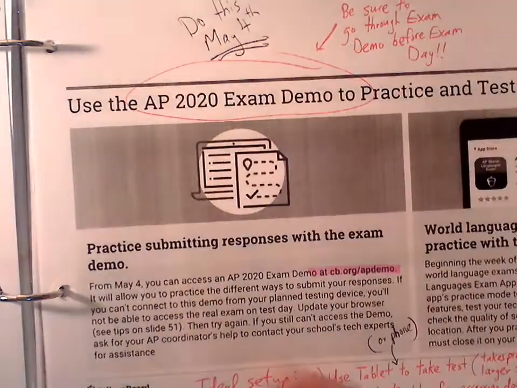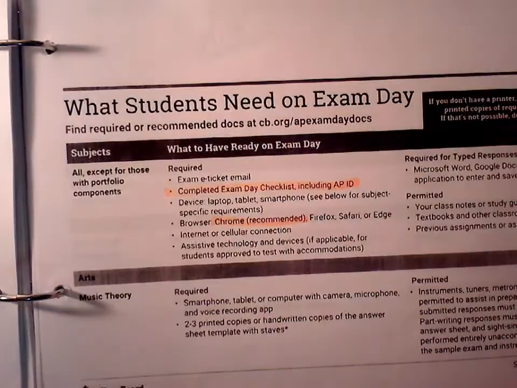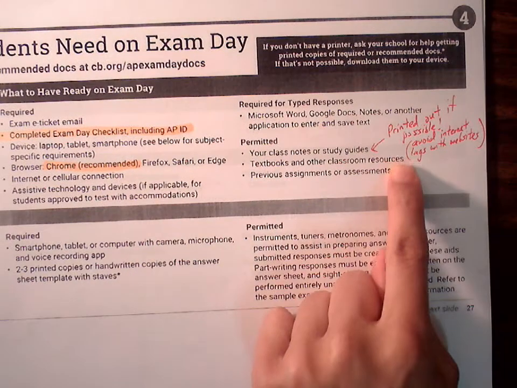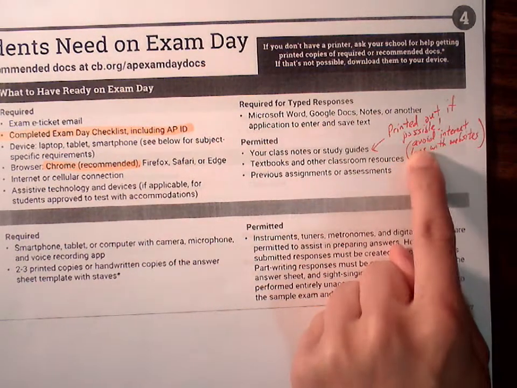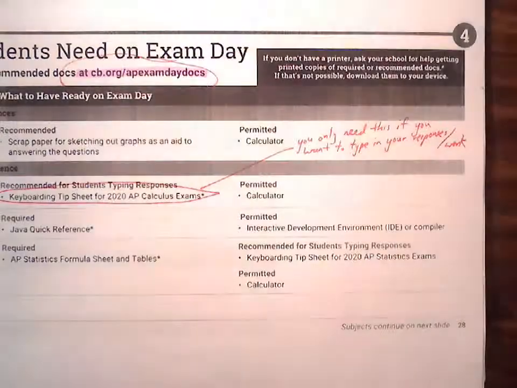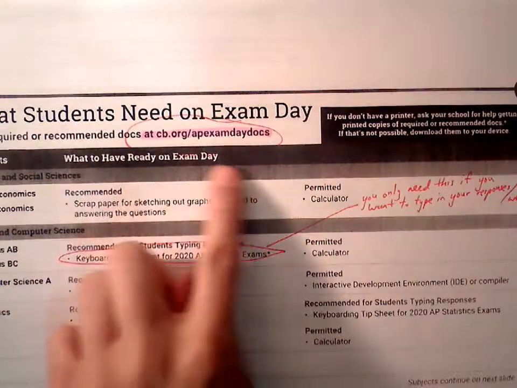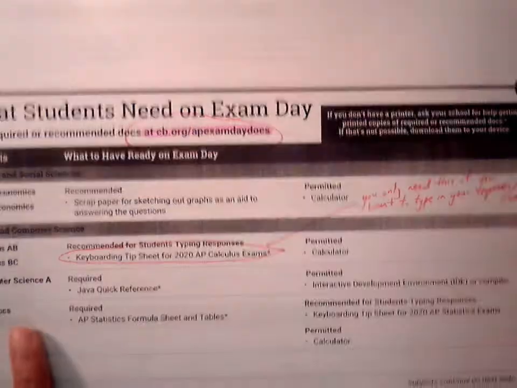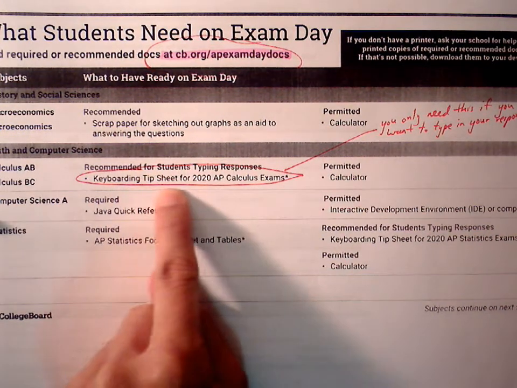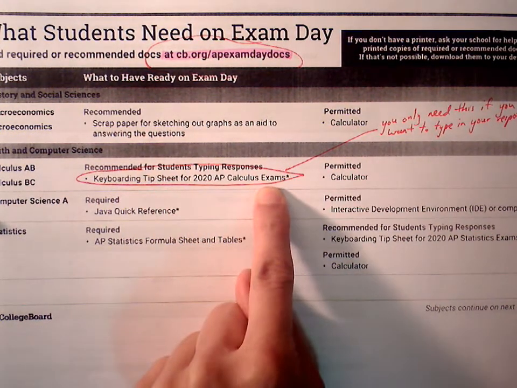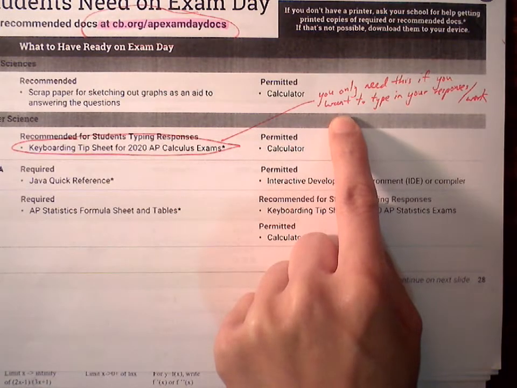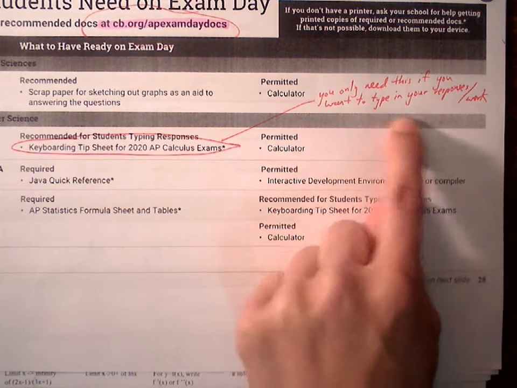Let me find the page I'm on here. So again, you want to make sure that you print out as much as you can of the class notes and study guides that you want to use. AP exam day docs, they say, for the AP exam, there's a keyboarding tip sheet for the 2020 AP Calc exam. I think you only need this if you don't want to take a photo of your work, but would rather type in your responses.